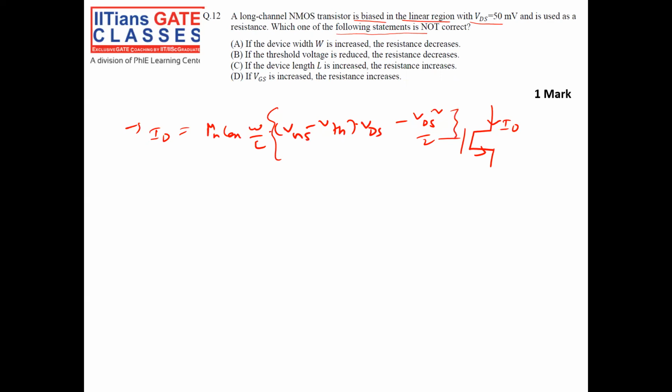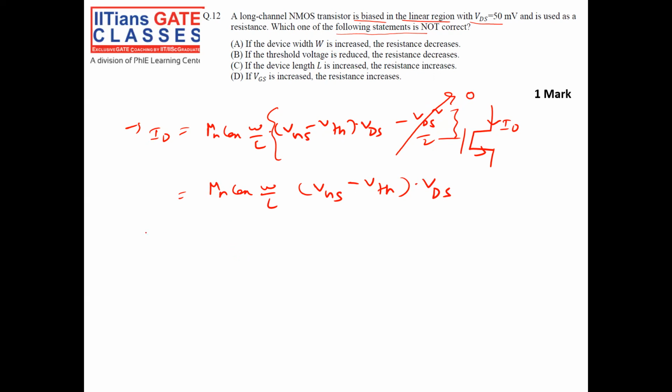Since VDS is very small, I am neglecting this term. So this is equal to mu Cox W by L (VGS minus VTH) into VDS.